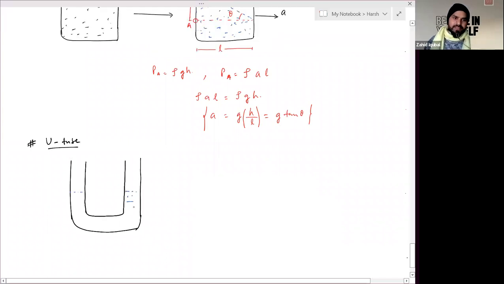So the level of liquid on both sides will be at the same horizontal level, so that they will exert the same pressure at the bottom.